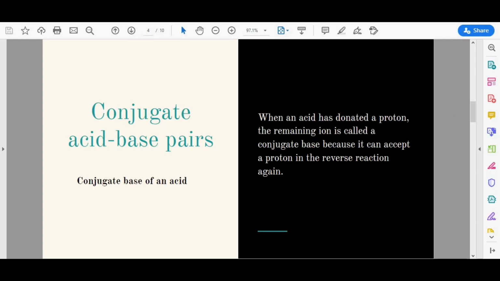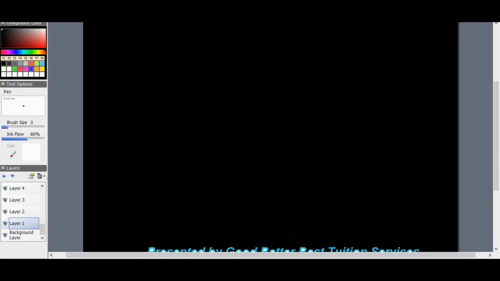So if we have a look at a little example, in general terms, and just adjust to my style, if we have an acid, that gives us a proton plus a conjugate base.